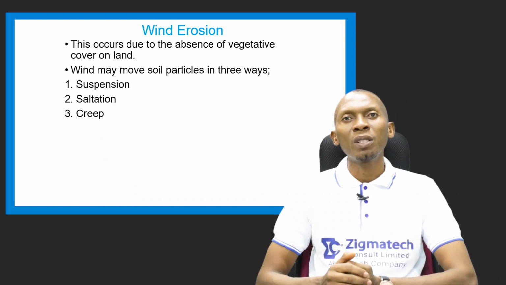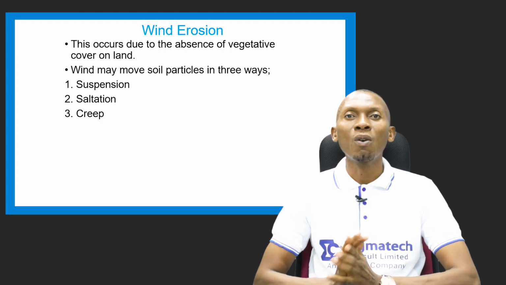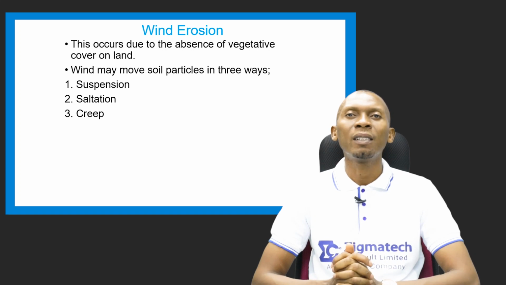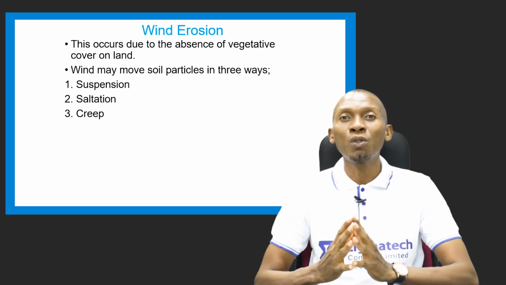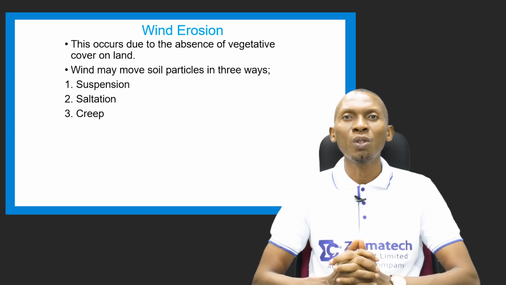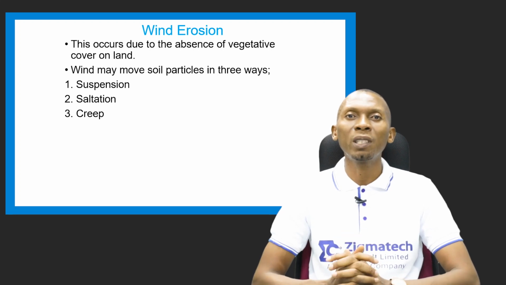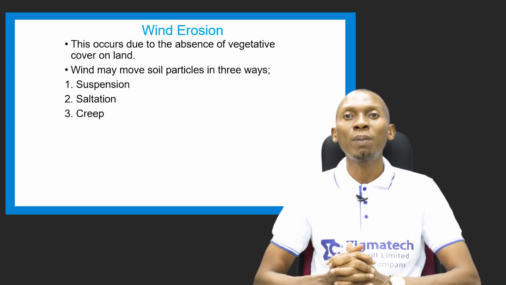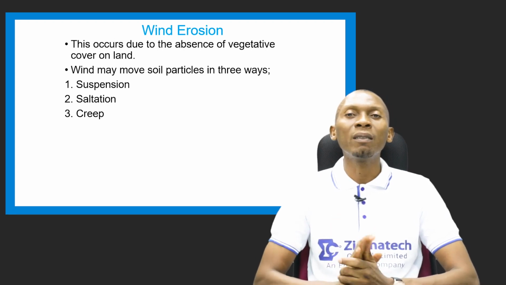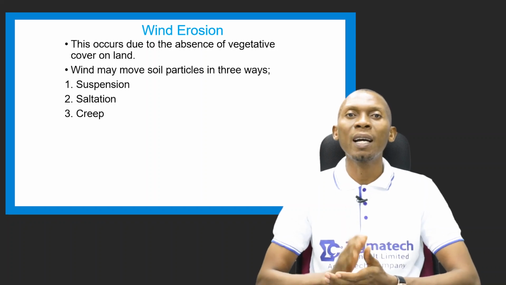Wind erosion, which is another form of erosion, occurs due to the absence of vegetative cover on land. Vegetative cover helps to reduce the effect of wind erosion, so once there's an absence of vegetative cover on land, wind erosion is most likely to take place. Now, soil particles may be moved by wind in 3 ways: suspension, saltation, and creep.